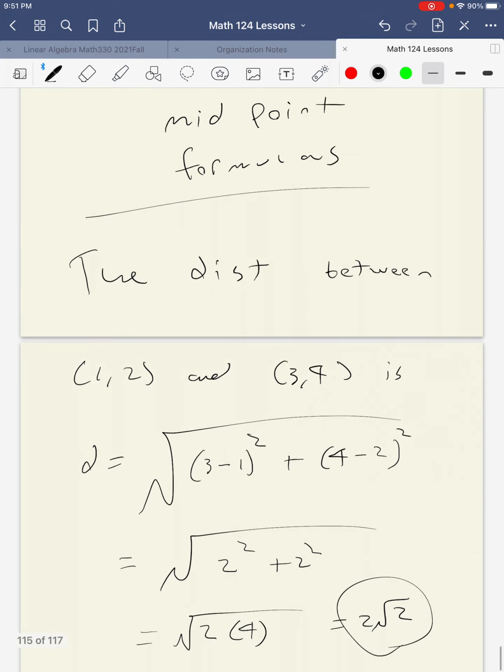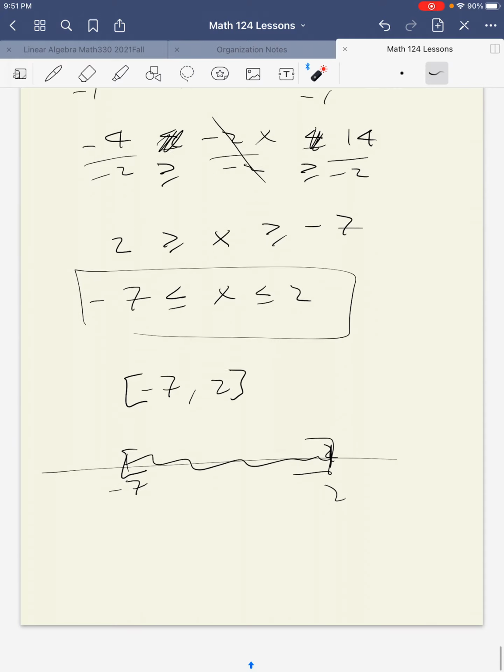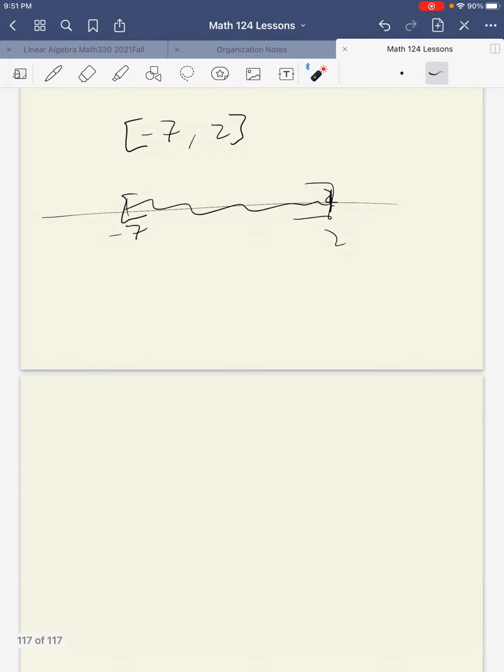I did mention the midpoint formula. I'll let you review that at home. It's pretty easy. I didn't do an example though, but it's okay. Well, I'll do an example here. It's not too bad.